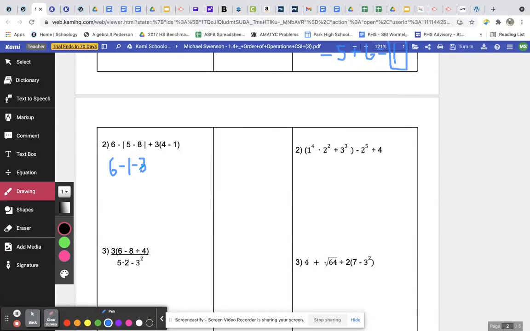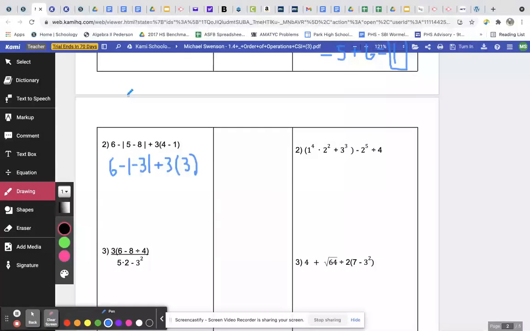We're not going to get rid of that. And we're going to put that there. And let's do the second grouping right here. 4 minus 1, I guess, is 3 as well. So we're going to leave that as is. Okay. Now, we've got 6 minus the absolute value of 3.